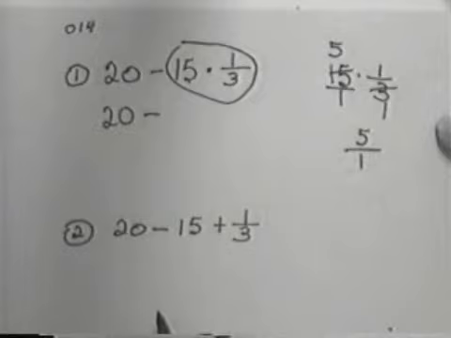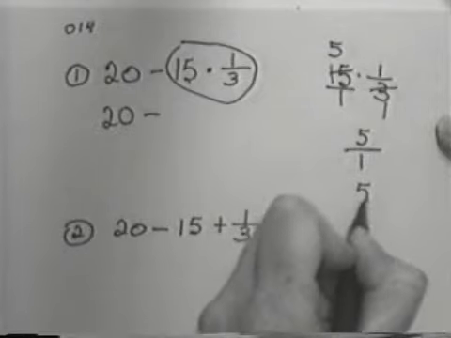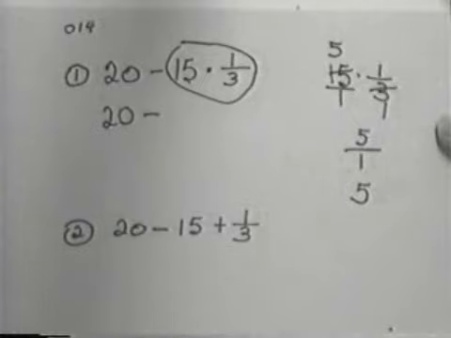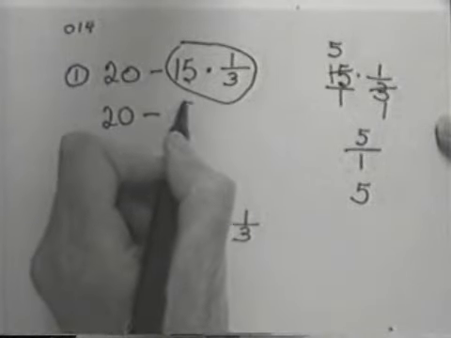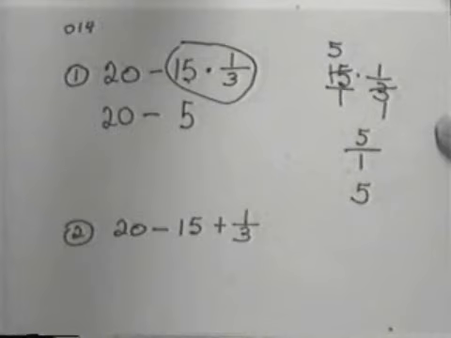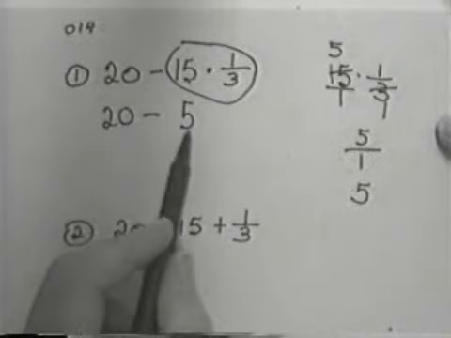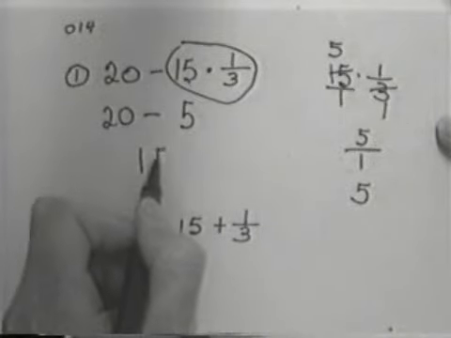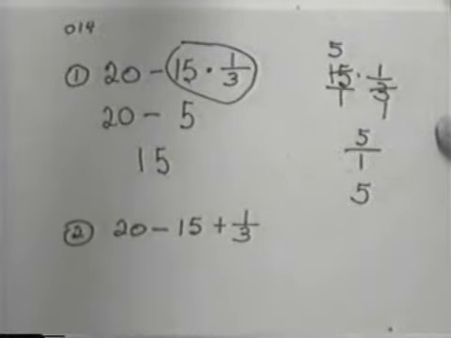Now, we'd want to go ahead and change that 5 over 1 into a 5, because that's what 5 over 1 is. We come back over here and fill in an answer of 5, because 15 times 1/3 is 5. Then we go back and finish our problem, 20 minus 5, and that would give us 15. So our answer to that first problem would be 15.